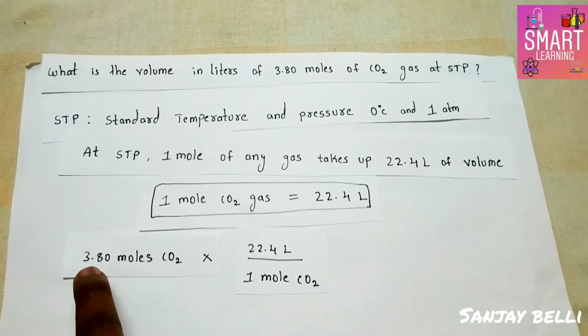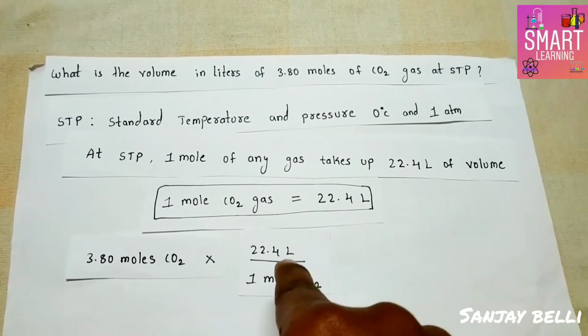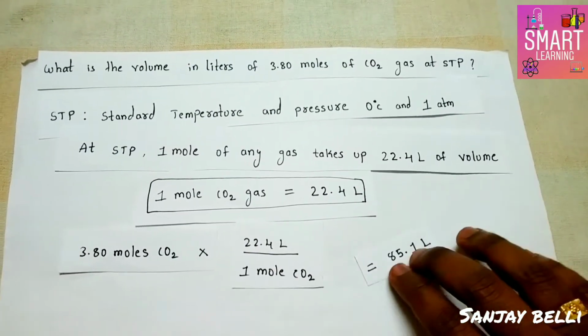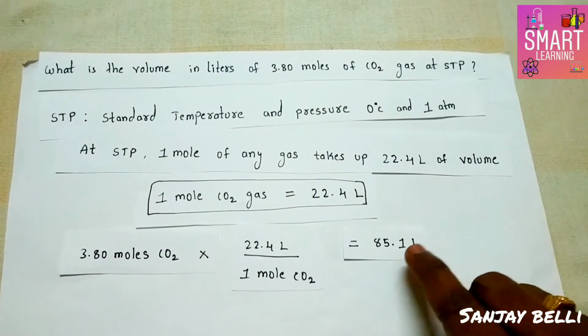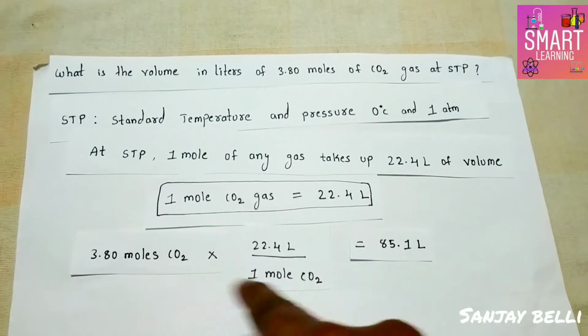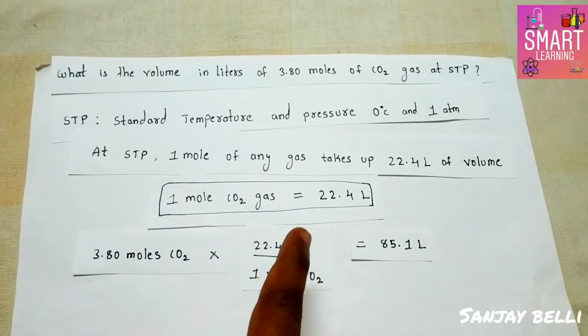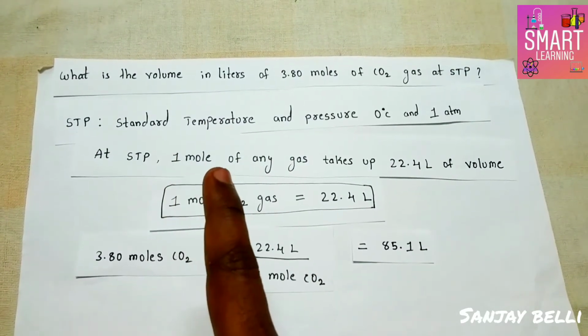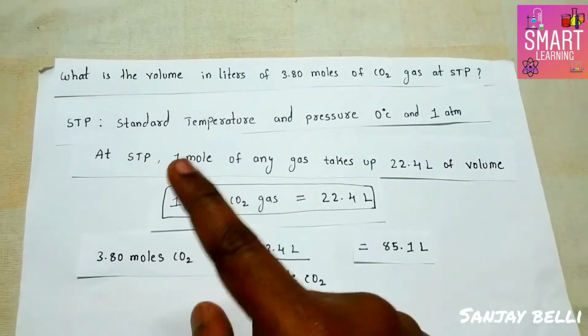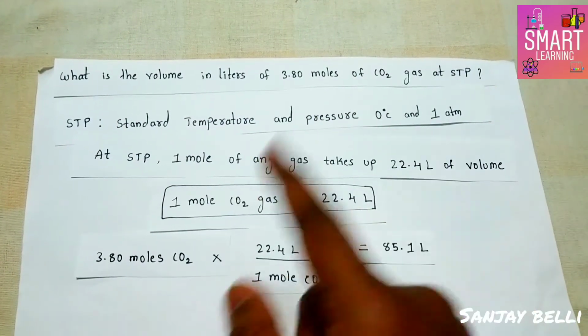Finally you will get 3.80 times 22.4, which gives 85.1 liters. So by using the same conversion factor, we can convert from moles to liters and liters to moles.